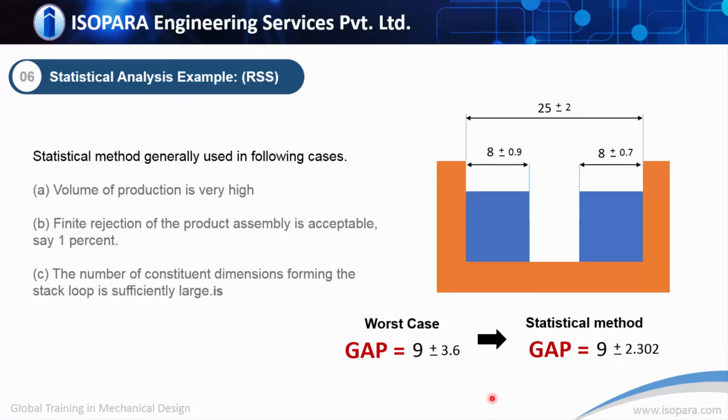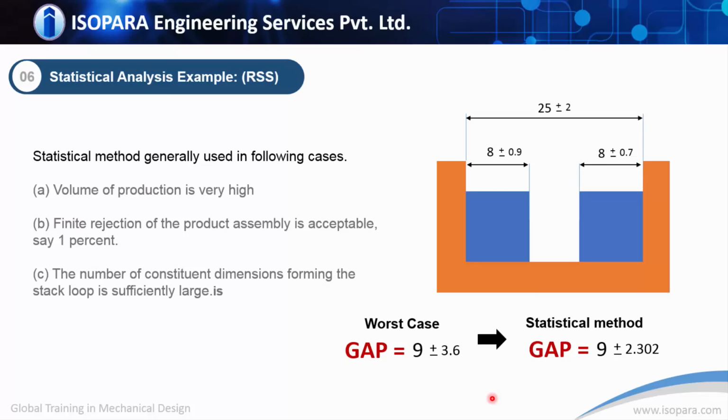So, this method is used where production volume is very high. It is also used where a finite amount of rejection of some components is acceptable. The possibility that a very small amount of products will be rejected will be there, say 1% or 2%.